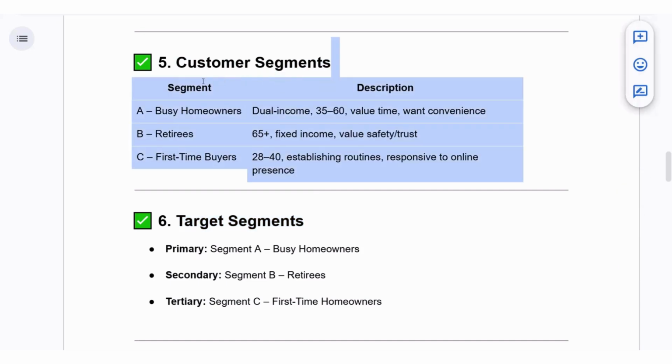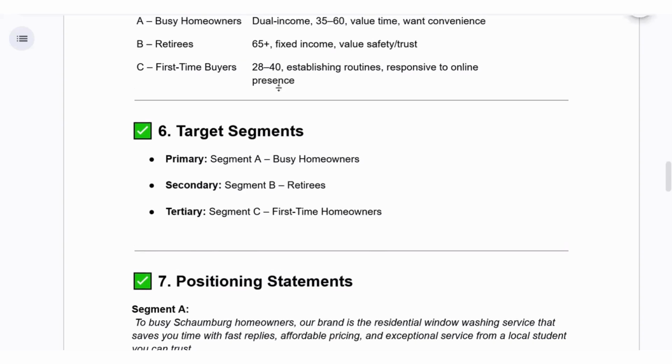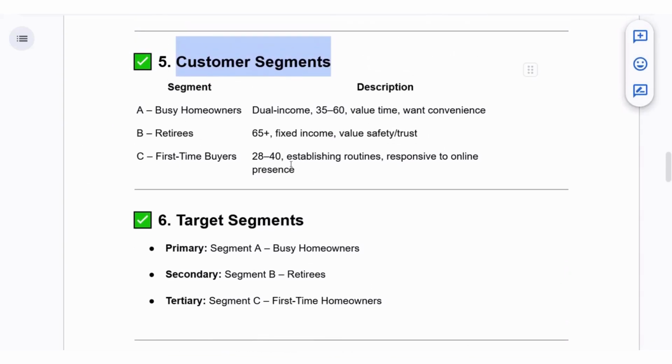So this is one area where I don't think ChatGPT did a great job. I would probably think you need to carve up this customer segments area a little bit better. And that's also one area that I'm going to make a note right now to improve the customer segmentation prompts, because there should be more segments here.